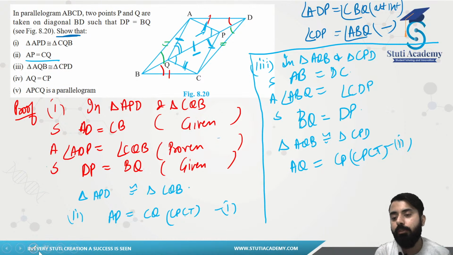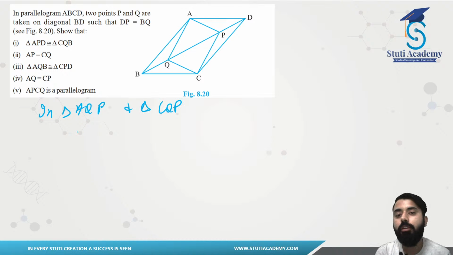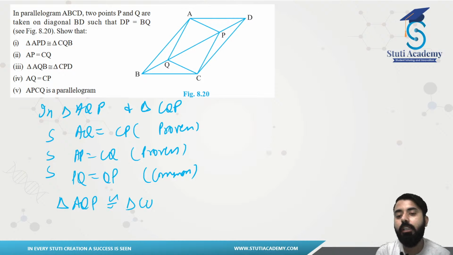So for the last proof, you have to just take this triangle. So in triangle AQP and triangle CQP, you guys know AQ is equal to CP, that has been proven. AP is equal to CQ, that has been proven. And you guys know PQ is equal to QP, that is common. So triangle AQP is congruent to triangle CQP.